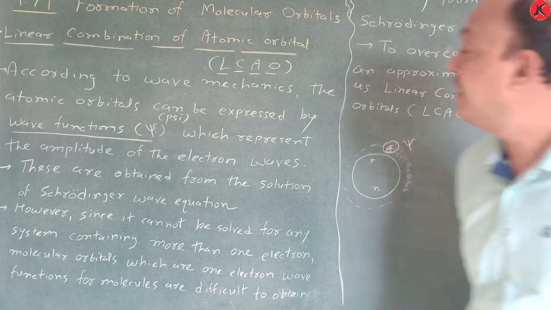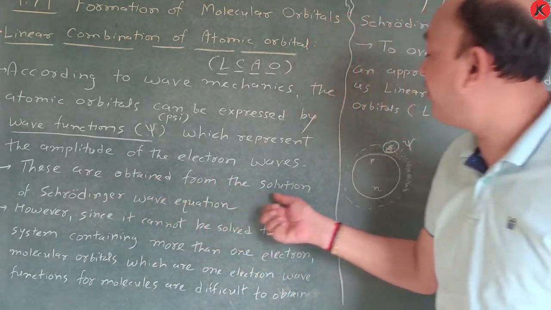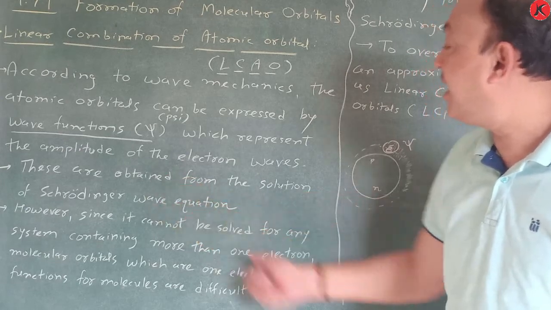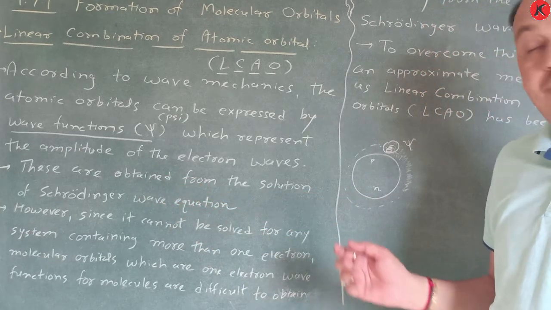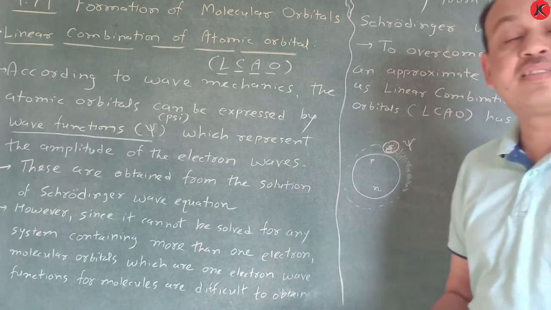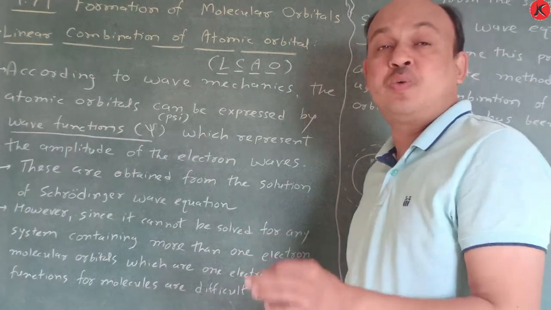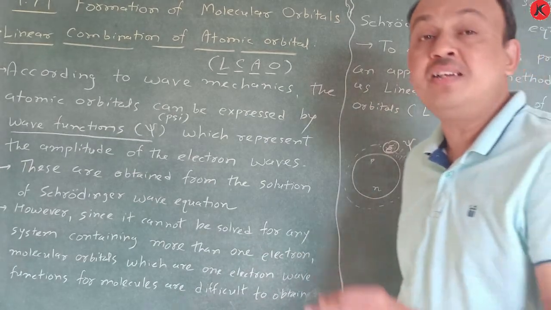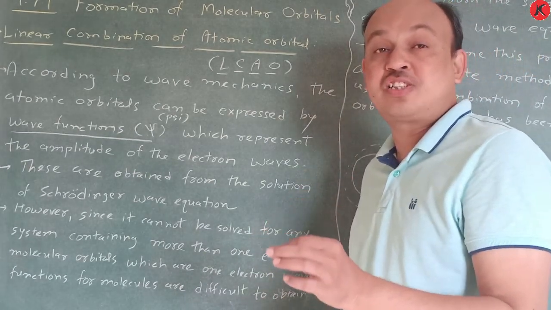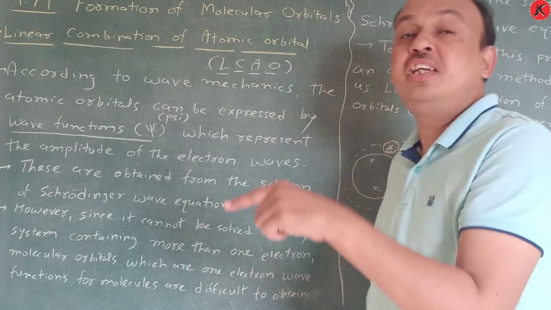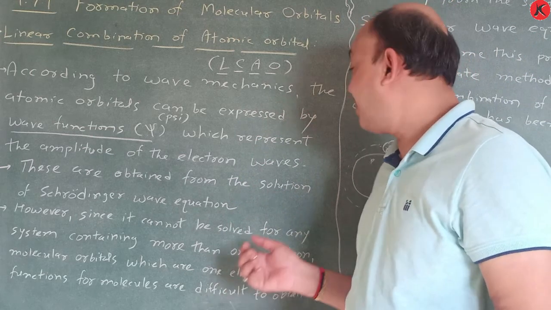So remember this one. These are obtained from the solution of the Schrödinger wave equation, which is not in your course, but it is a very easy equation: del square psi upon del x square plus del square psi upon del y square plus del square psi upon del z square plus 8 pi square m divided by h square, E minus U, psi is equal to 0.